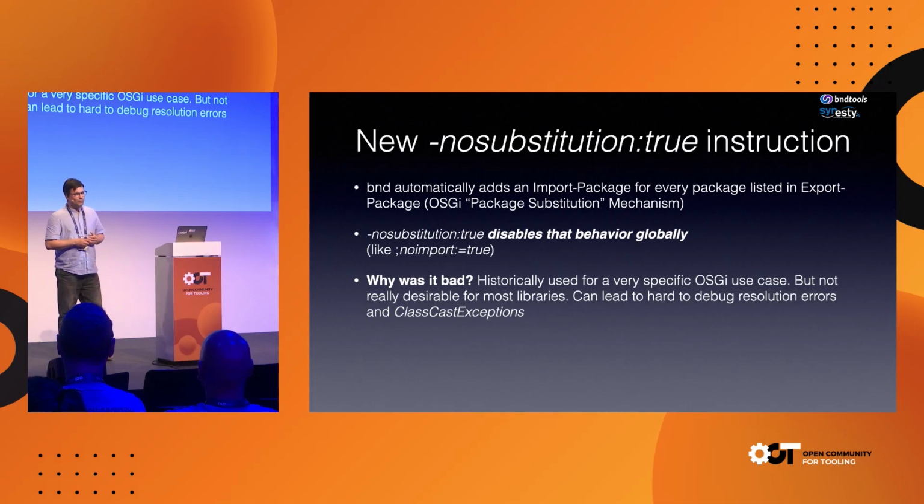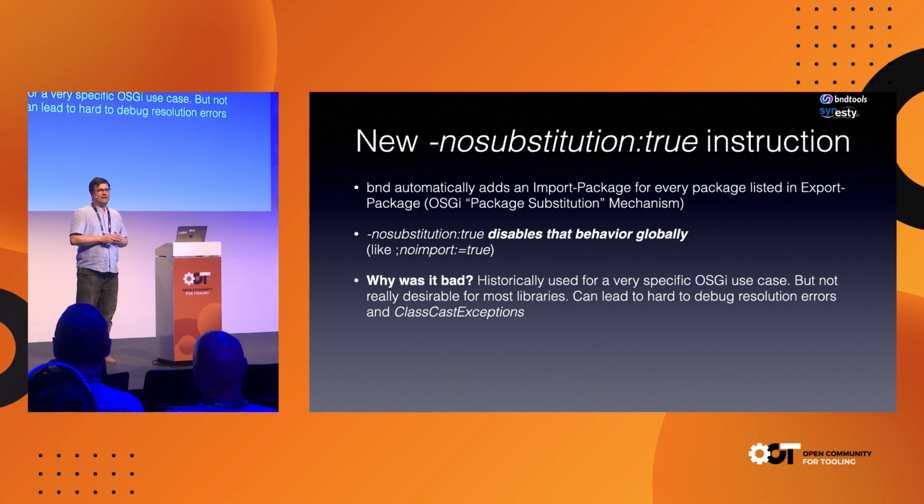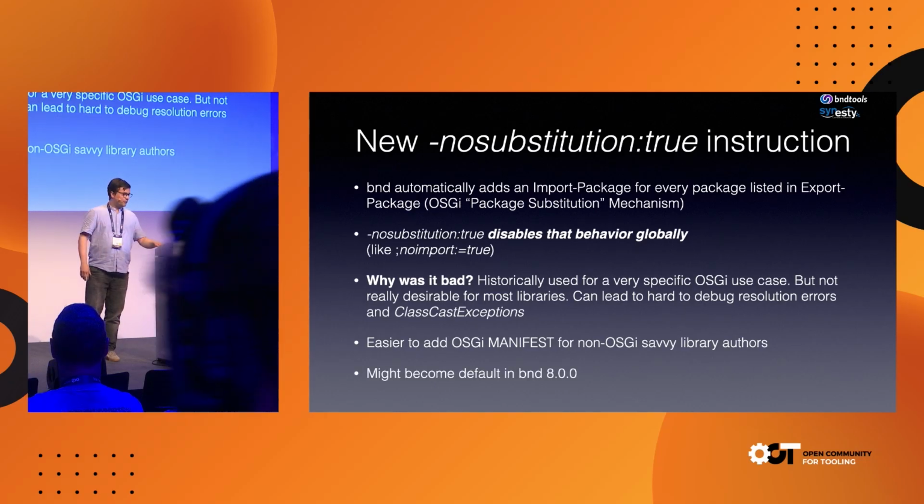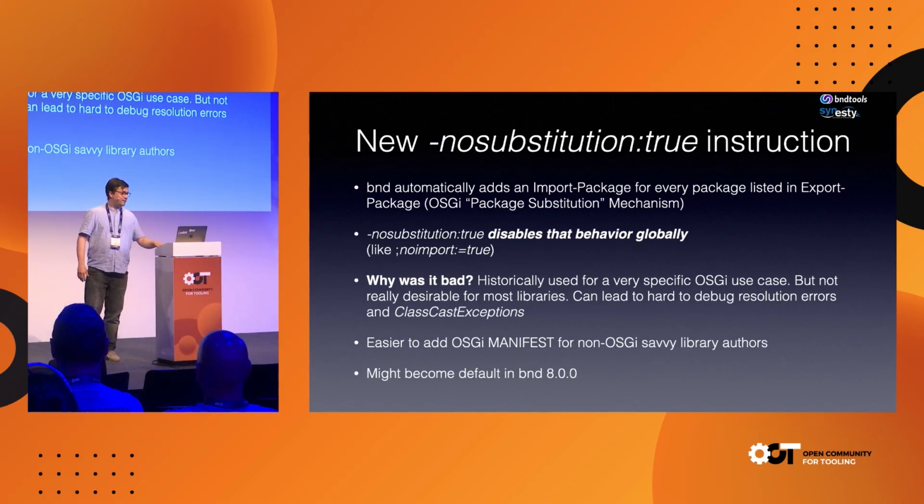So that was also one of the cases why we created that. So if you're a library author and OSGi is not your thing, just put that to true, and it will probably make life easier, because 90% or 99% of the people don't have that package substitution use case. So yeah, it makes it easier, and maybe in the next major version we think about making that the default.